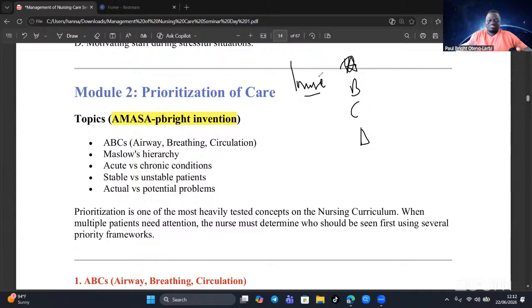They will ask you, let us test this nurse. Is she a manager or not? So we will give you 5 different patients or 4 different patients with different conditions. Then we test whether the manager, because did we not mention the leader here? We are not testing your leadership skills here. We are testing your management skill here to know whether you will be able to prioritize.